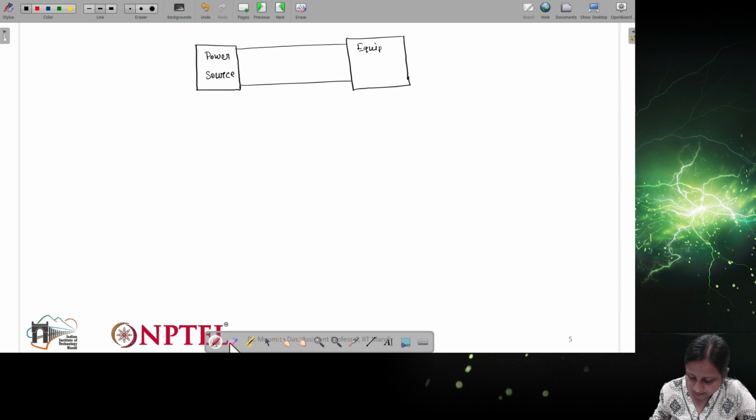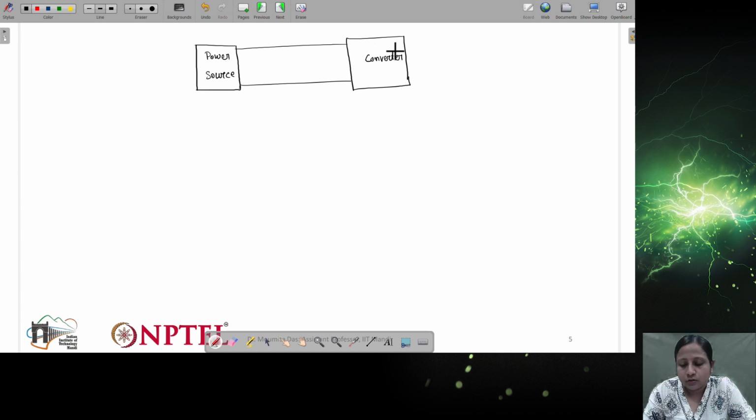I will just write converter, so then it will be easier for you to connect. Right. So now this power source is connected to the converter.